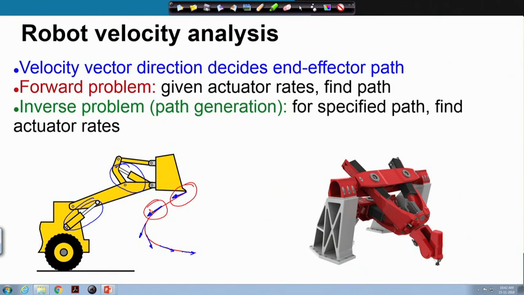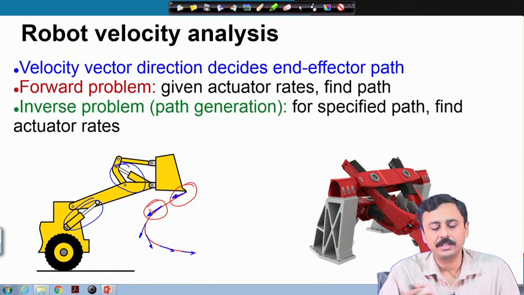The forward problem, of course, is easier, in which we are given the actuator expansion rate and we have to find out the path. Essentially, at every point, given the actuator rates, we know the velocity vector.